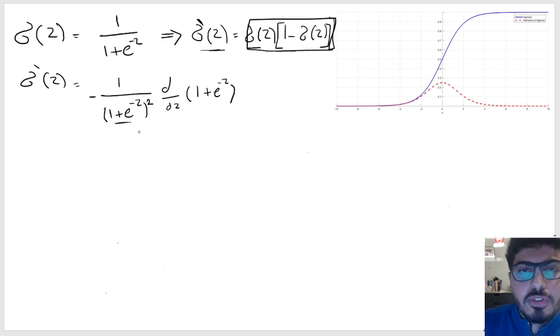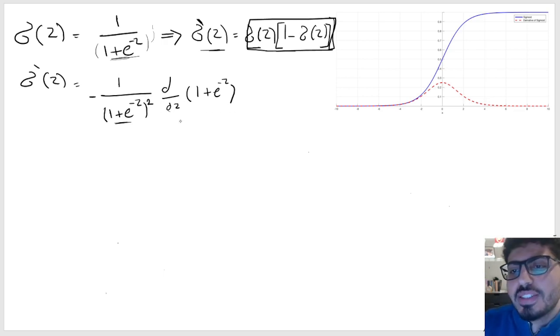Take a minute to convince yourself that this is true. If you don't know how to do the quotient rule, just take this denominator up. It will be power -1. Then do the usual derivative: take the -1 down, and then subtract 1 from the power. It will be -2. And then bring it back to the denominator, it will be power 2. So it's -1 times 1 over 1 plus e to the negative z squared times the gradient of what's inside.